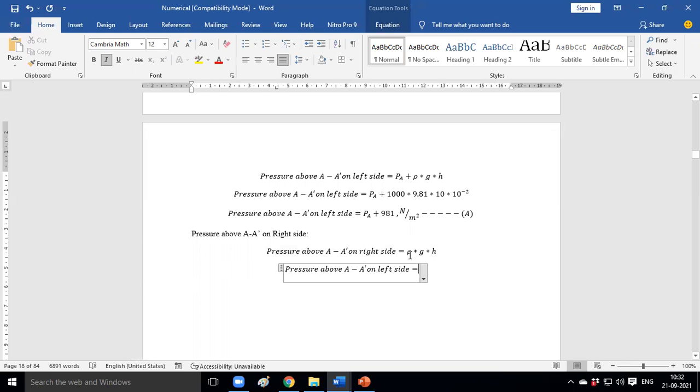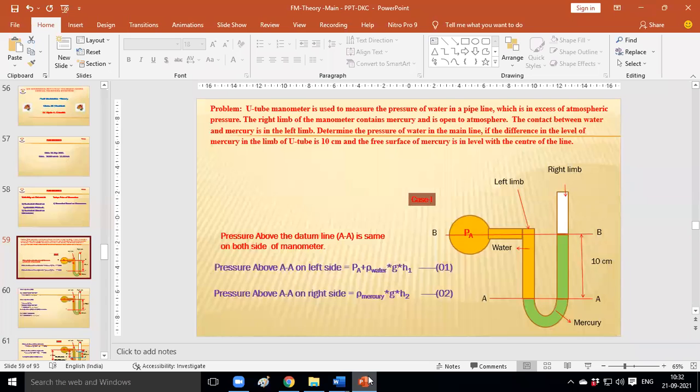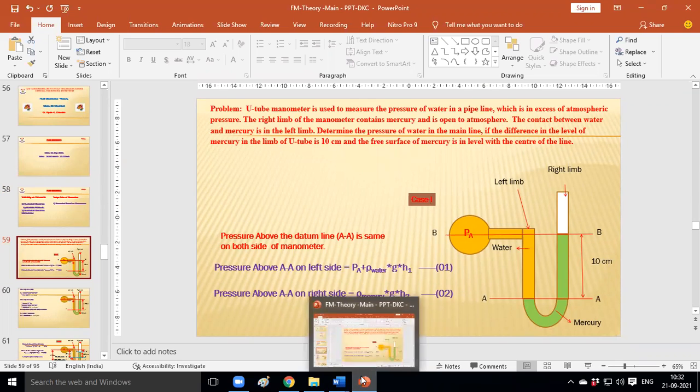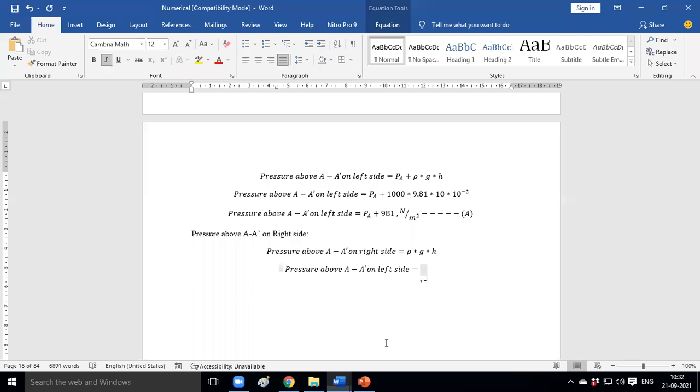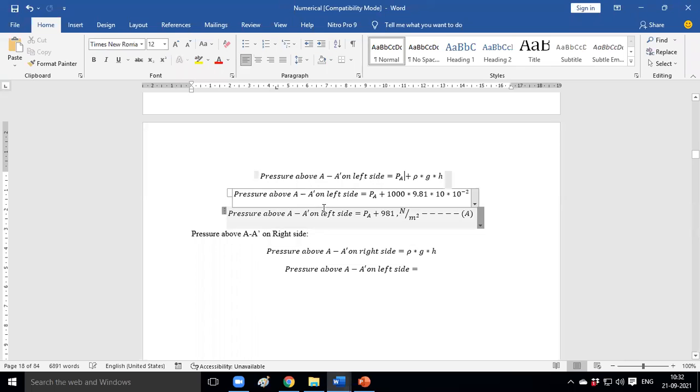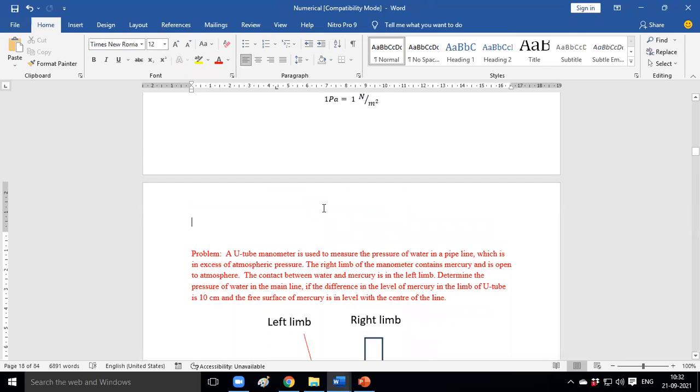So what is the value of rho? 13.6. See, in this numerical, is the data given for the density of mercury? I will show you the numerical. You tell me, in this numerical, is the data of mercury given or not?